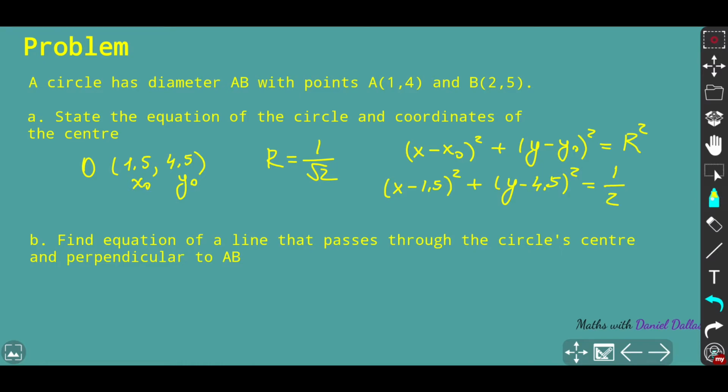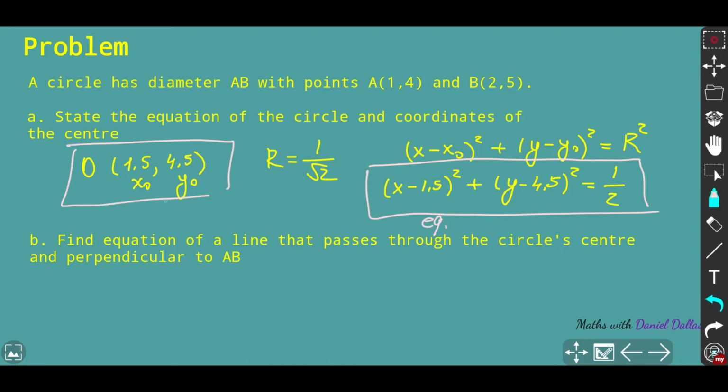Okay, so now we can highlight that we've got the equation of the circle and we also got the center coordinates. Next part: find the equation of the line that passes through the circle center.